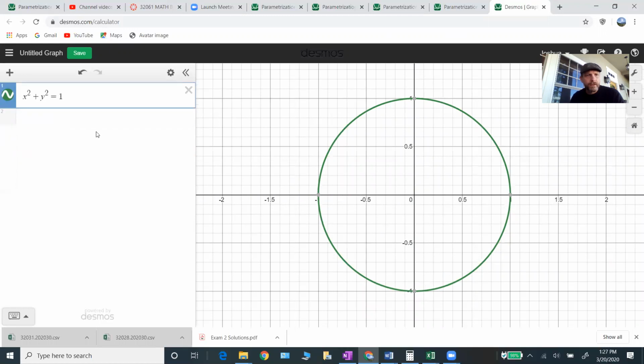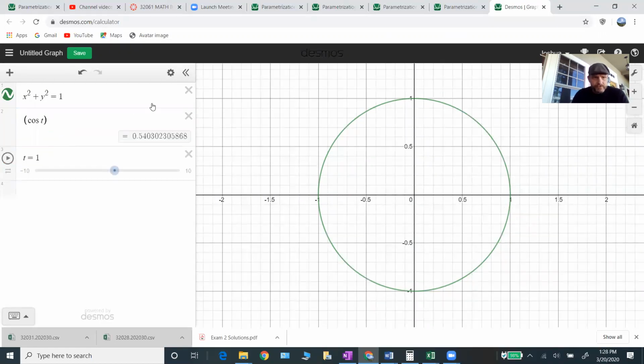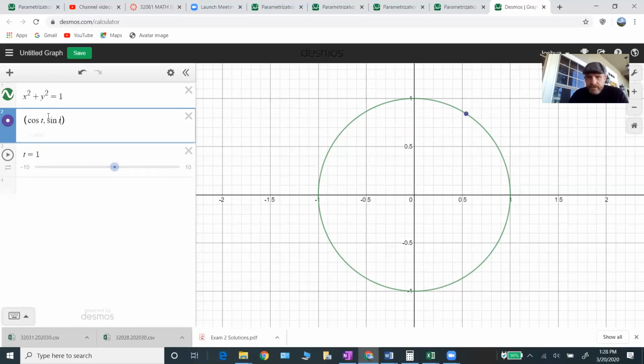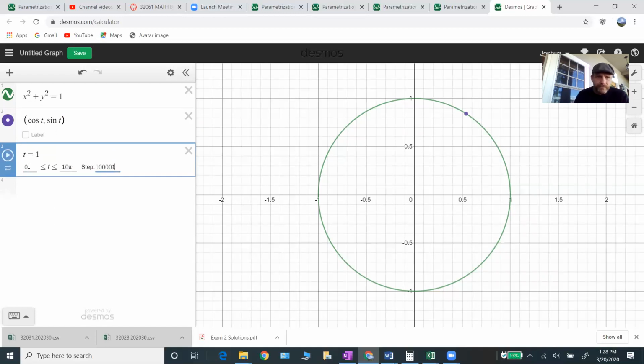And then what I'm going to do next is I'm going to have point cosine t, sine t. Okay. And let's have this start at 0, and let's have this go around the circle a bunch of times, say 10 pi.